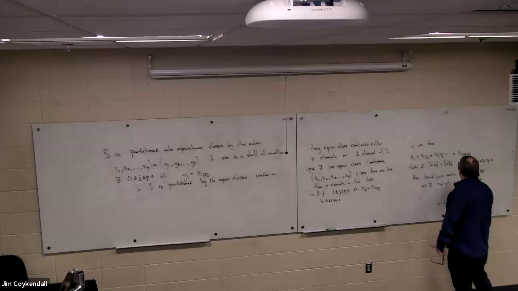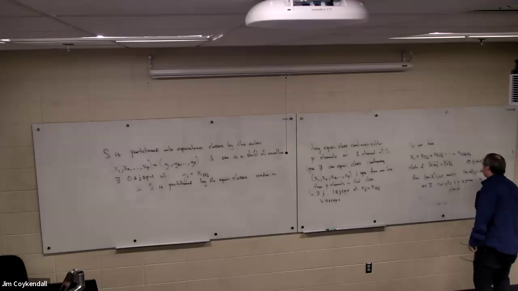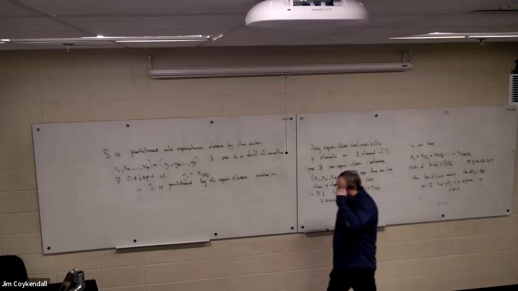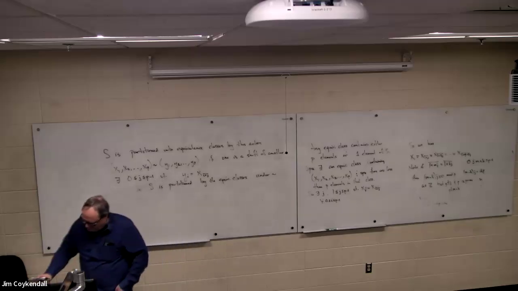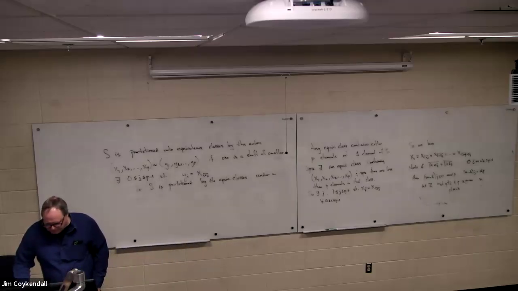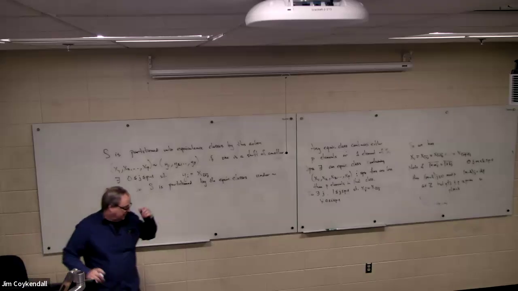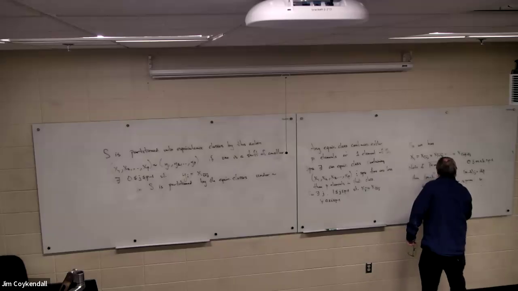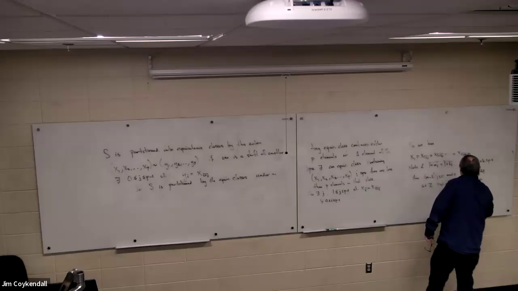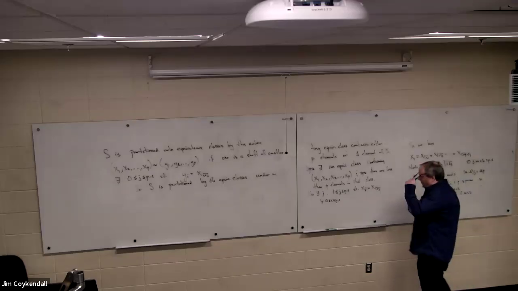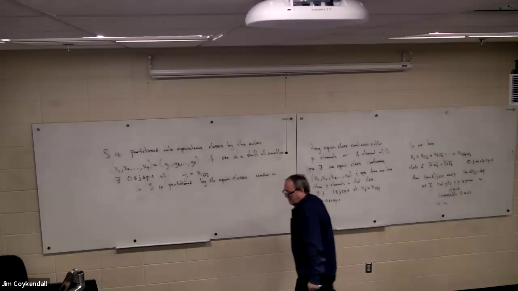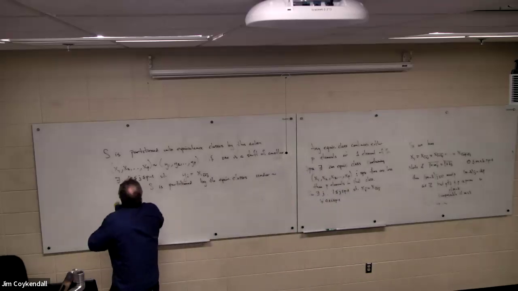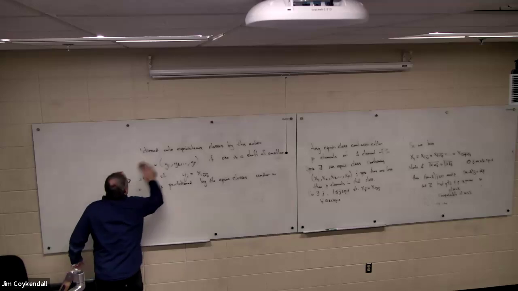So P divides m minus k. And that's impossible if m is less than k. So our conclusion here is that all these elements must be the same.